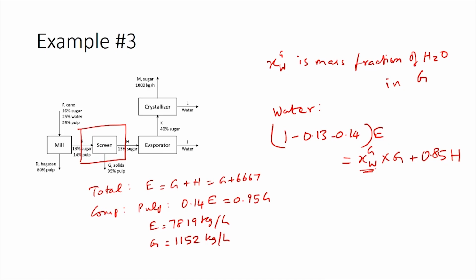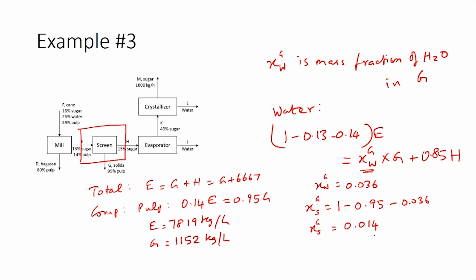So, we can calculate the mass fraction of water in the stream G as XWG equals 0.036. So, how much sugar is present in your solid stream? That would be given by the mass fraction XSG, which is 1 minus 0.95, which is the mass fraction of pulp in the solid stream, minus 0.036, which is the mass fraction of water in the solid stream, giving you the mass fraction of sugar in the solid stream as 0.014.